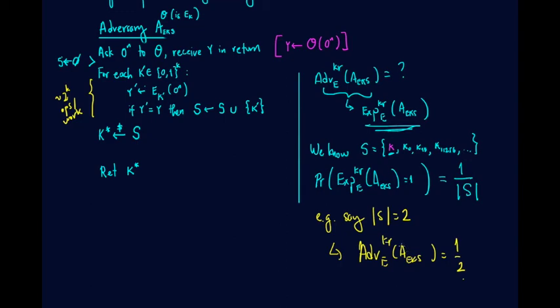If we change this slightly, if we didn't say for each k prime, if we said for alpha values of k prime. So let's say I make up a list.